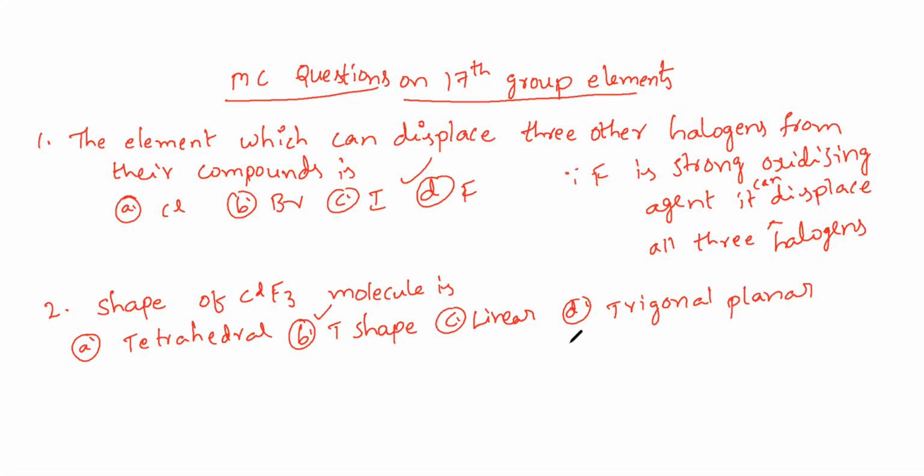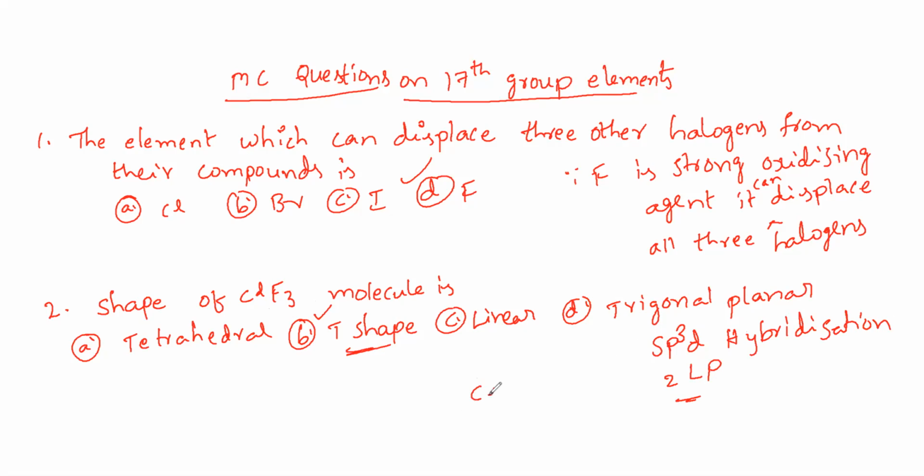This shape is T shape because of its hybridization. Chlorine has 7 electrons, so 7 plus 3 is 10, 10 by 2 is 5, which is sp3d hybridization. But since it contains two lone pairs of electrons, the shape is T shape.